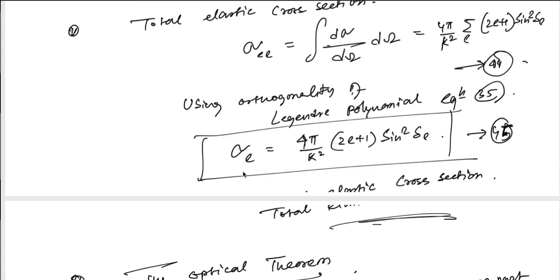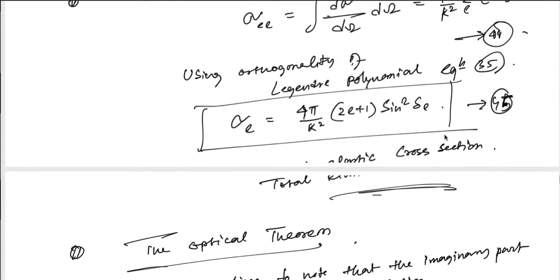So if I ask what is the contribution from the Lth partial wave in this sum, that is just 4 pi by k squared times (2L plus 1) sin squared delta_L. So this is what I want to calculate eventually: how much a particular partial wave is contributing to the scattering cross section.